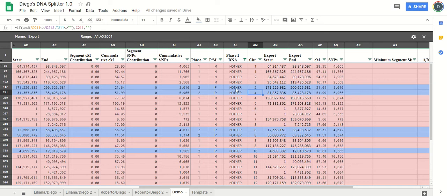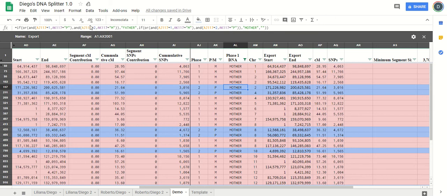And finally, this one here, the one about the phase. What it's doing is looking at the phase. So if I have phase 1 and the fragment is paternal, or I have phase 2 and the fragment is maternal, that's also considered to be on the father's side.